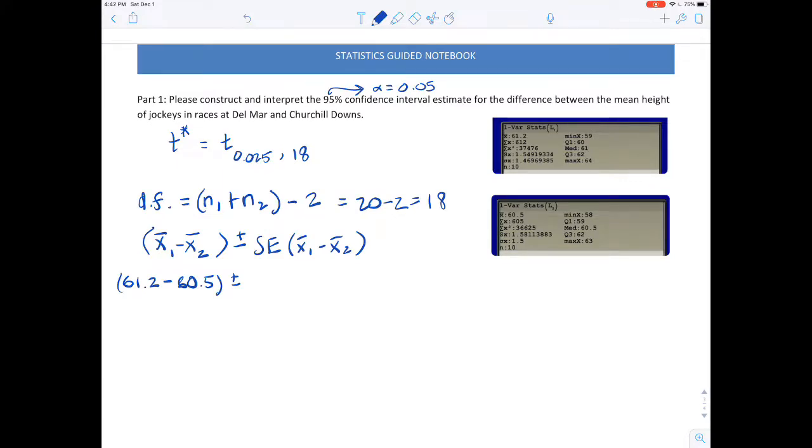So we're going to have to go look that one up. And our t star will be multiplied by the square root of S1, which was 1.55-ish, squared over N1, which is 10, plus S2 squared, which is approximately 1.58, over N2, which is 10.